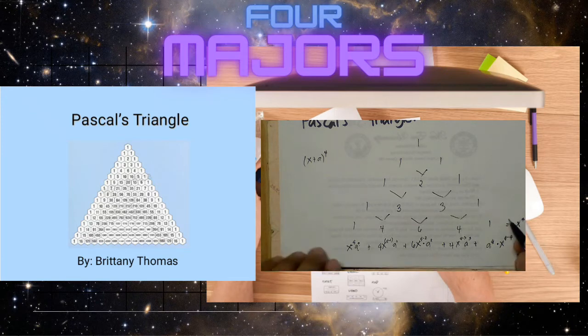So we simplify. This is actually x to the 4 because any number raised to 0, like a to the 0, is equivalent to 1.